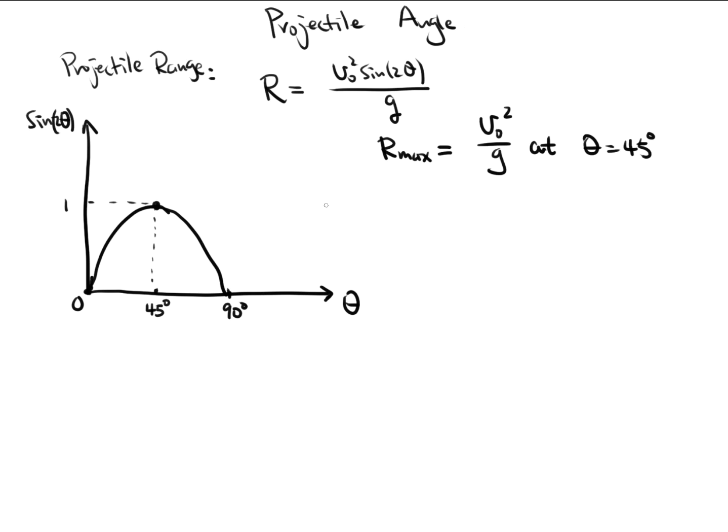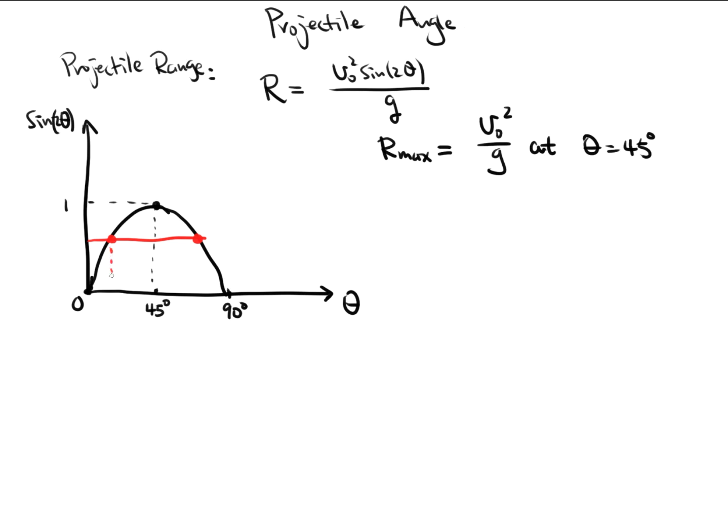Now, if I think about other values away from 1 for sine 2 theta, I can draw, let's say, a horizontal line. This horizontal line will give us the same value for sine 2 theta, but it's going to have two angles that correspond to the same sine 2 theta value.